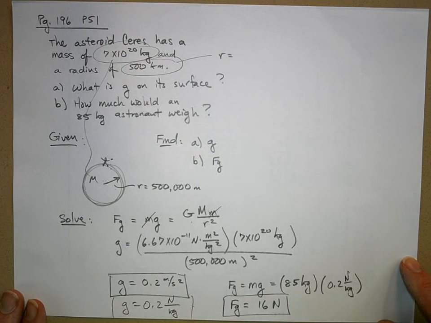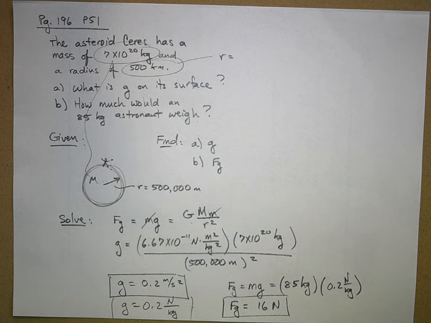Now, hey, wouldn't it be awesome to be able to walk around on Ceres? You're on a little tiny world. But your strength on this world would give you almost superpowers. You would be able to leap tall buildings in a single bound. It would just take you 20 minutes to do it.